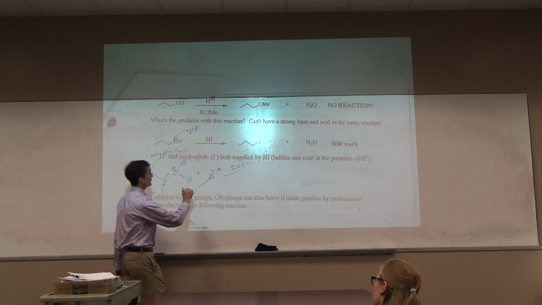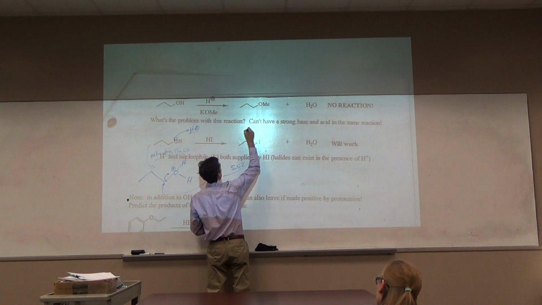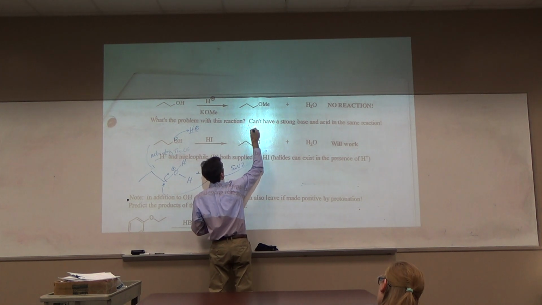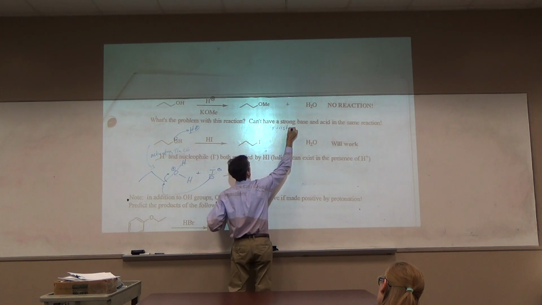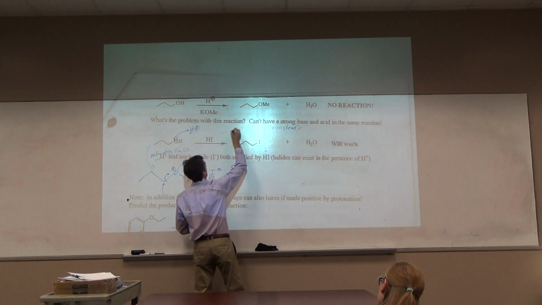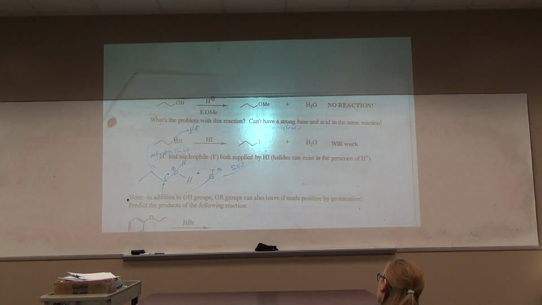Now let me ask you, could we substitute this with, instead of this, could we have used sodium iodide and H2SO4? Could we have used those two things instead to accomplish this reaction?